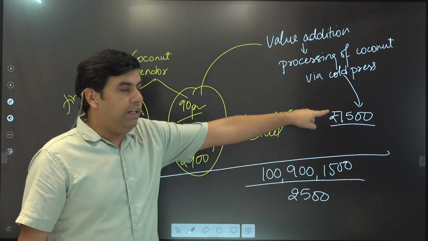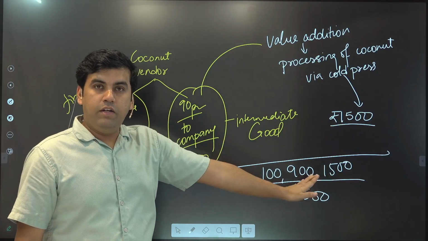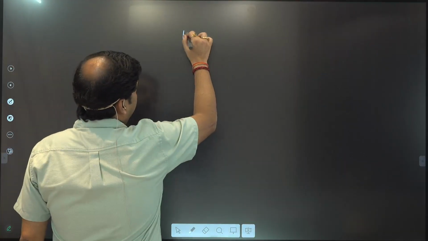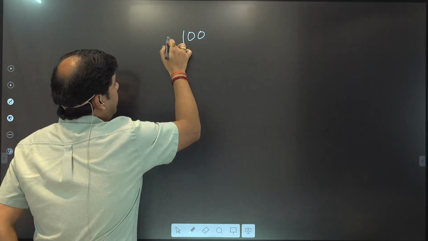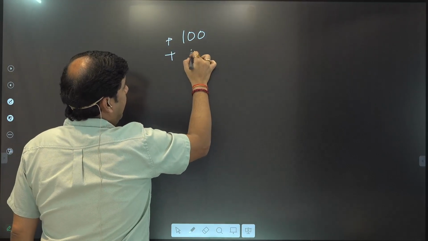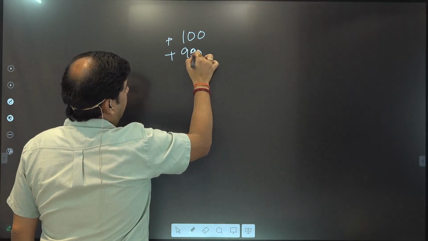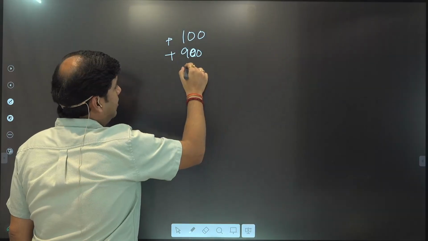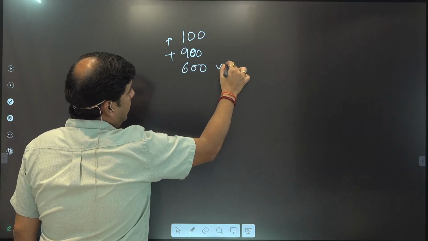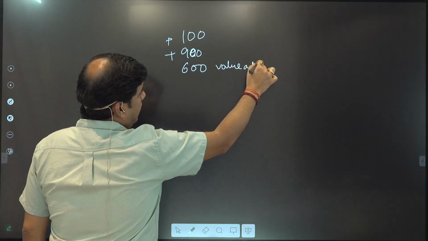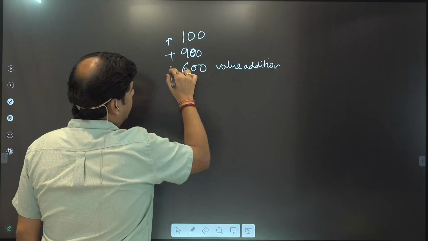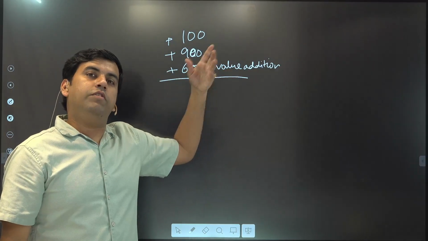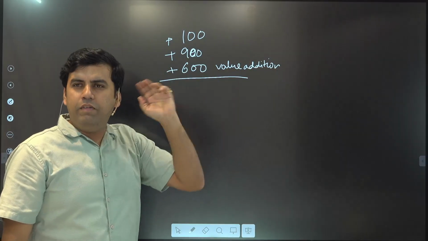So either we should include 1500 and remove 900, but there are two methods for that. Either you can use 100 plus 900 plus how much is left? 600. So this is value addition. Now the tax which is imposed on value addition is known as value added tax, VAT. You may have heard about it.